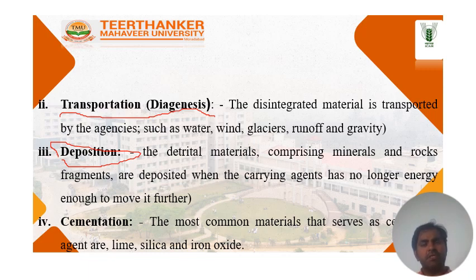If the force stops, the particle settles down, and if the force is active, the particle moves. So the speed of the running water decreases slowly after the rainfall stops, and the speed of the particle also decreases, and after some time it stops completely. In that case, the large particles settle down first, then the medium particles, then the small particles settle down.